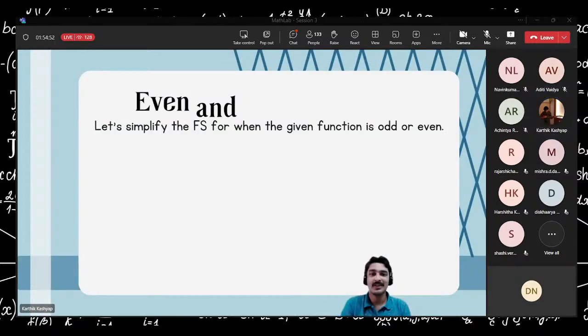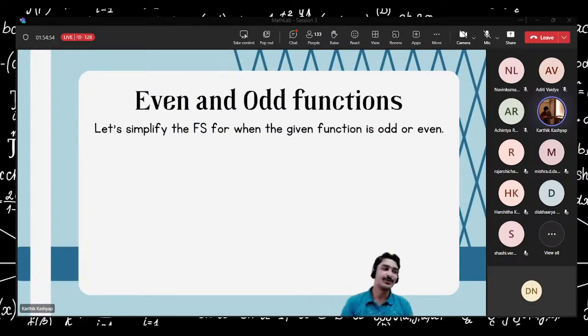So moving on, even and odd functions. This is not really a major topic. This is just a more simplification when the given function is even or odd. So we have seen in JEE that the integral of an odd function will give an even function.